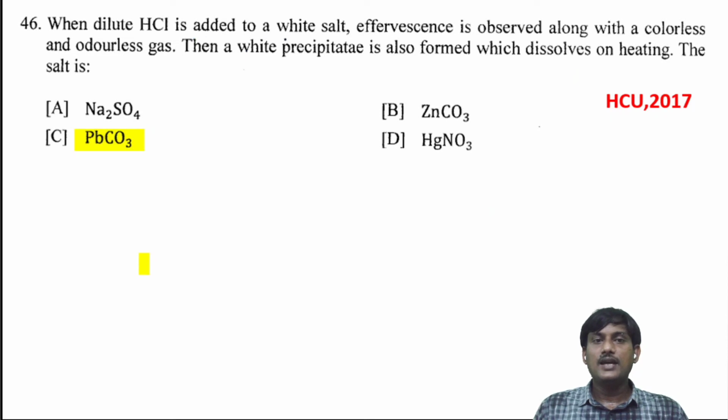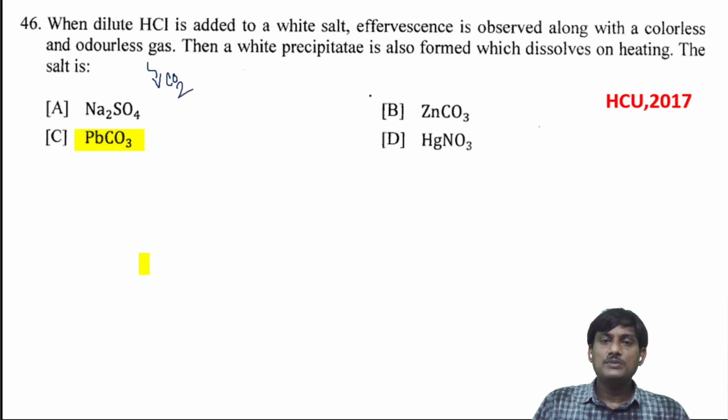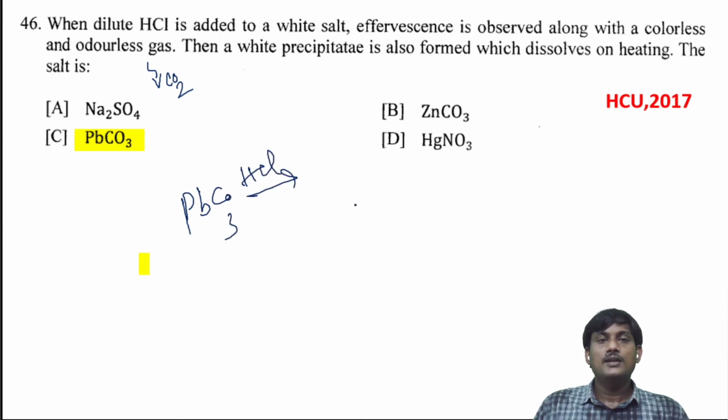When dilute HCl is added to a white salt, effervescence is observed along with a colorless and odorless gas. So here there is a release of CO2. Then a white precipitate is also formed which dissolves on heating. Suppose you take lead carbonate, when you add HCl, there is effervescence and formation of lead chloride, a white precipitate, and release of CO2.